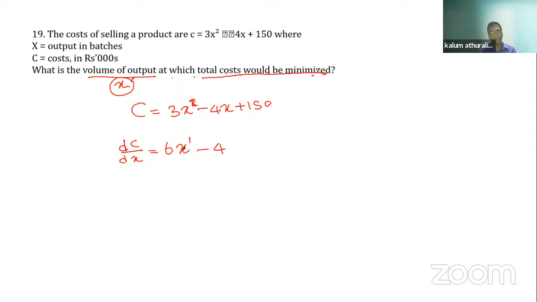Then the first derivative is 6x minus 4. Then 6x minus 4 equals 0. Get the first derivative and equal to 0. Then 6x equals 4. Both sides divided by 6. Then the answer is 0.67. This is the answer.